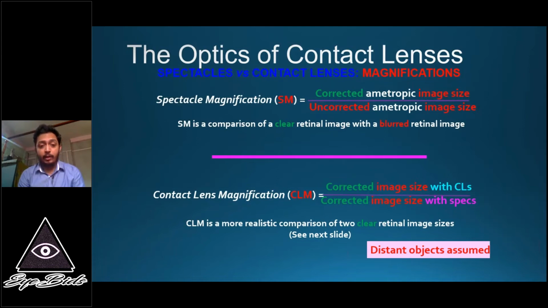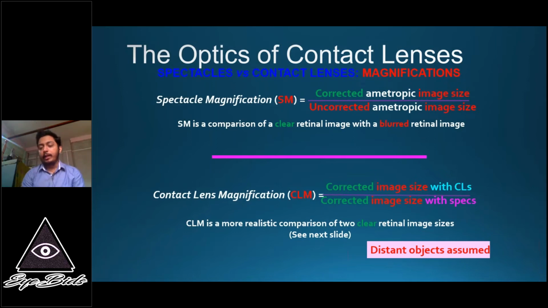Meaning we are talking about the clear retinal image size versus the blur retinal image size. Fine. But the contact lens magnification is more realistic, because here we are comparing the image size with the contact lens and the image size with the spectacle.